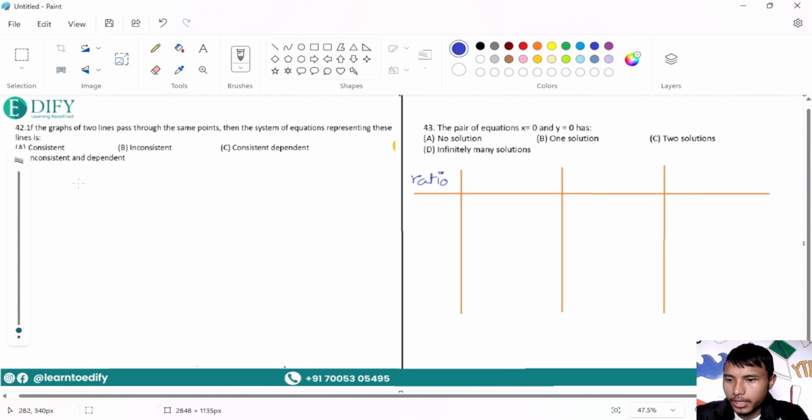The standard form of two linear equations is a1x + b1y + c1 = 0 for the first equation, and a2x + b2y + c2 = 0 for the second. Here a, b and c are constants: a and b are the coefficients of x and y respectively, and c is a constant.